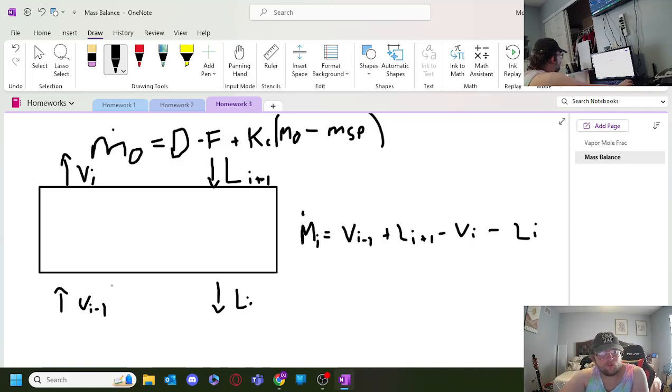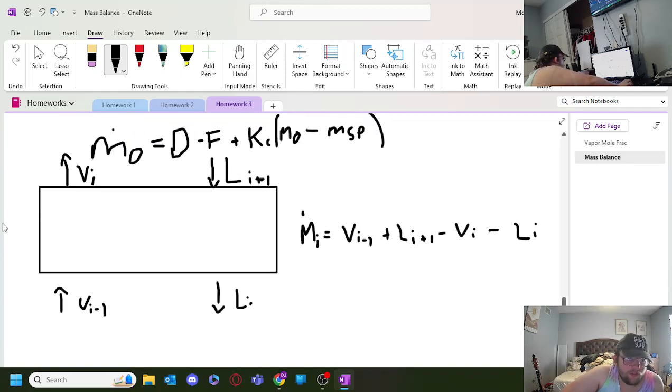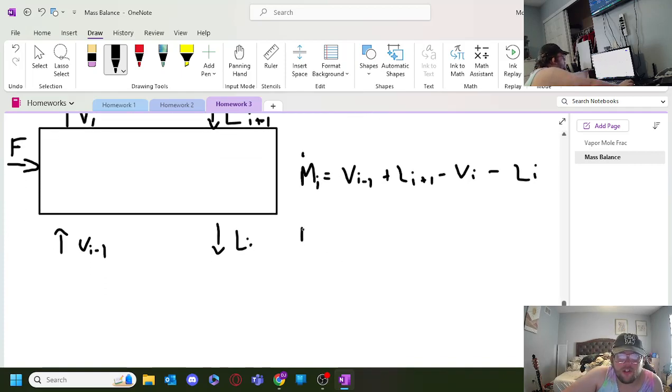And then for the feed stage, another thing to worry about is we're also having feed come in from this side. So the change in mass at the feed stage is also going to have that additional component of the feed.